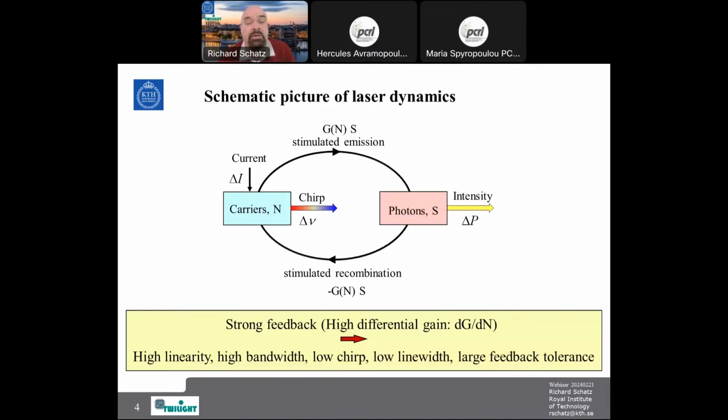Everything becomes better with larger differential gain. So in a conventional laser, that is what you try to do. You try to make a material with high differential gain, and that you can do with quantum wells, for instance, and so on.